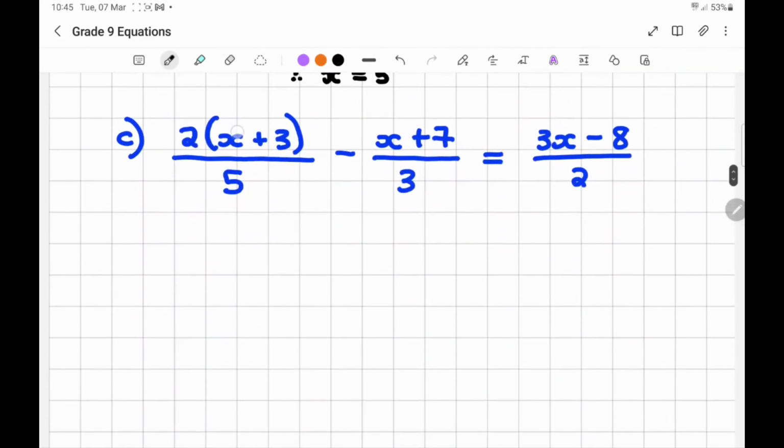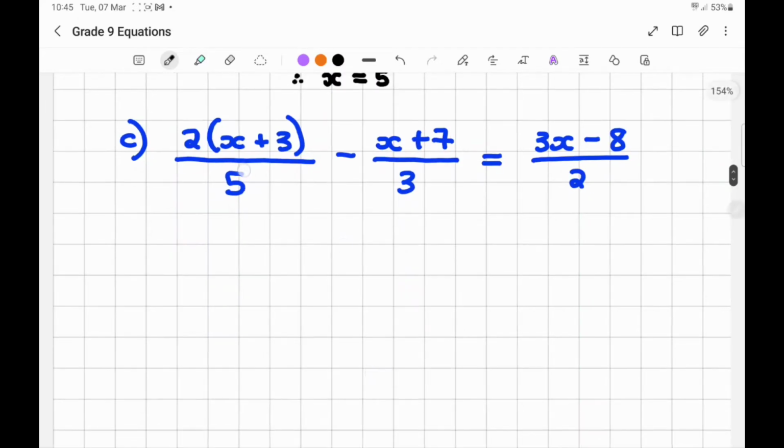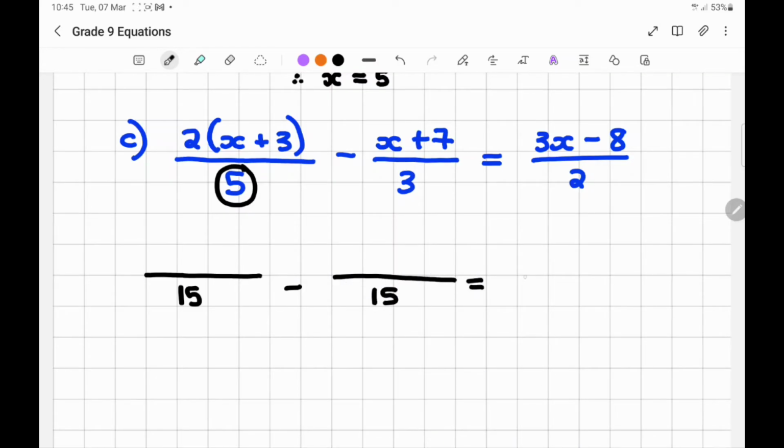Okay, all right, over here you take the biggest, and it's a 5, the biggest number, you times it by 2, 10, no, 3 can't go into 10, 15, times it by 3, and my LCD is going to be 15. All right, so what I do at the bottom, I have to do on top. 5 times 3 is 15. What I do there, I have to do on top.